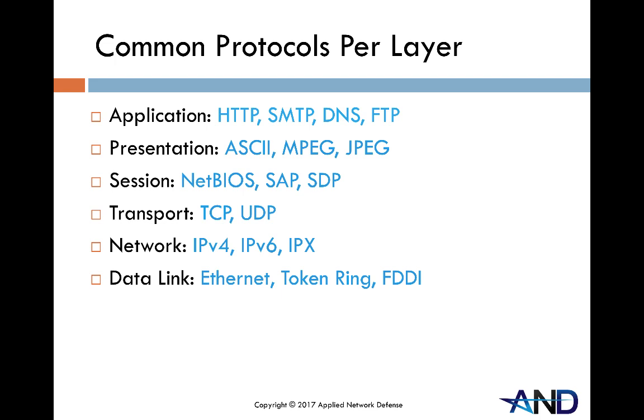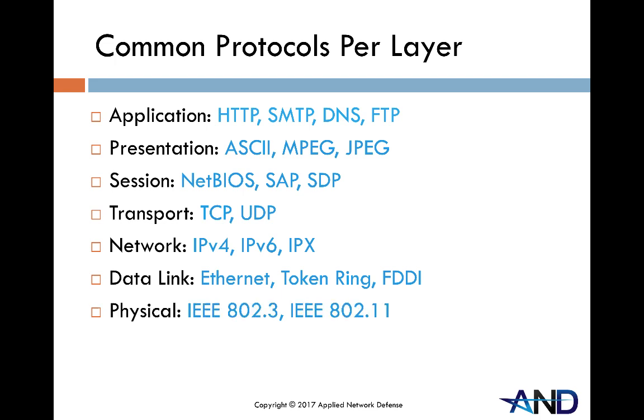Also, a couple other standards are mentioned there, the old school token ring as well as FDDI. But Ethernet, for the most part, is the protocol we're talking about when we deal with data link. Although there are also VPN type protocols and tunneling protocols that can be considered part of the data link layer.